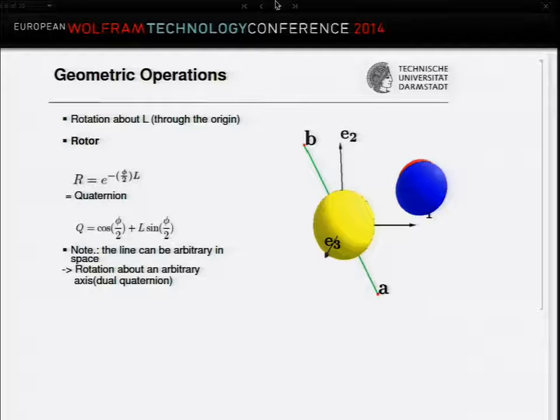And for those who know quaternions, it is very similar to quaternions. And what's also interesting, you cannot only describe rotations based on the origin, meaning around a line through the origin, but it is also possible, if you have a line somewhere in space, to rotate with this operation also somewhere in space.